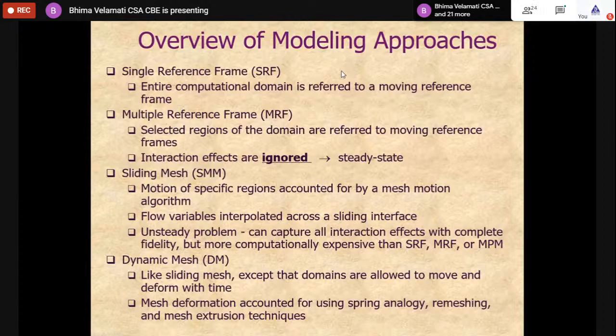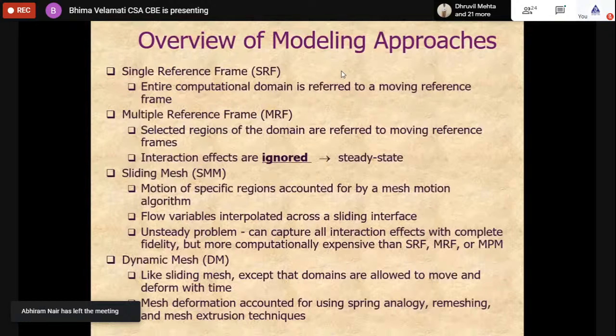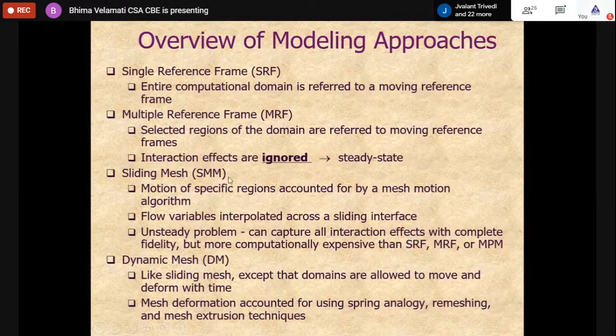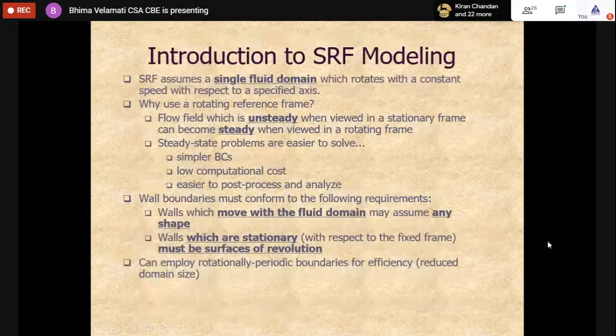We'll get into details of each of them. And the third approach is called sliding mesh, and the fourth one is dynamic mesh. The first three are included in the reference frame model, and the last one is where you have to have a solver for meshing itself. We'll get into details of each of these individually.